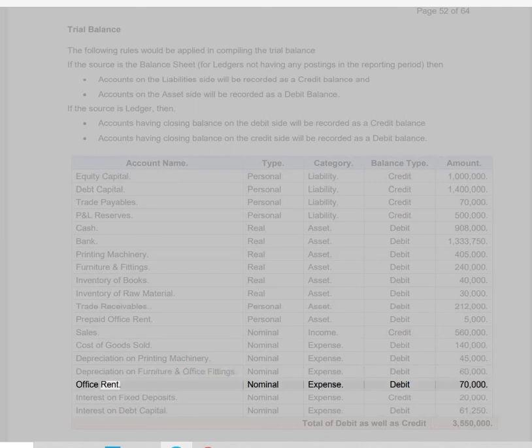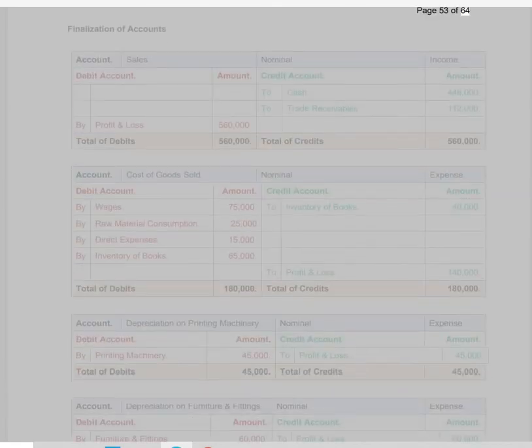Office rent, nominal expense, debit 70,000. Interest on fixed deposits, nominal expense, credit 20,000. Interest on debt capital, nominal expense, debit 61,250. Total of debit as well as credit 3,550,000. Page 53 of 64.